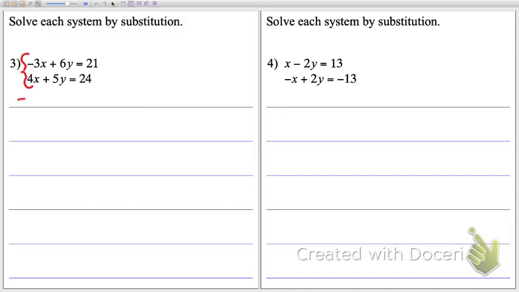So I have negative 3x equals 21 minus 6y. And then divide by negative 3. So x equals 2y minus 7. Did I do that right? And now is there anything different from what I was doing? No. So do it.